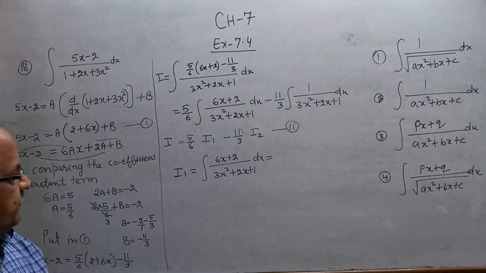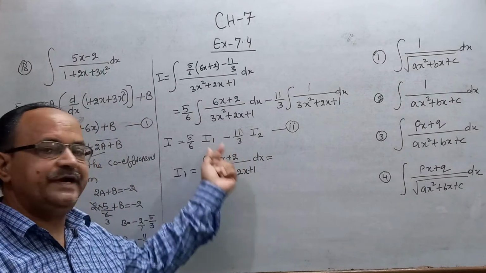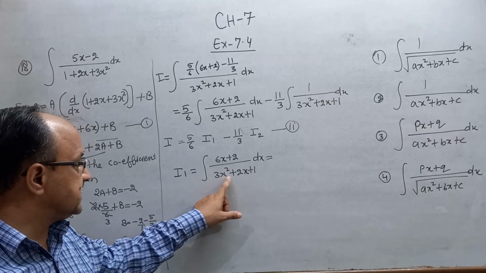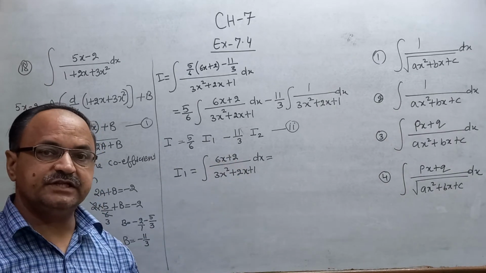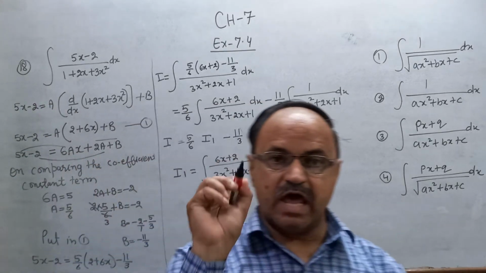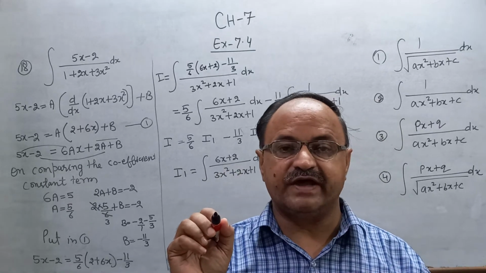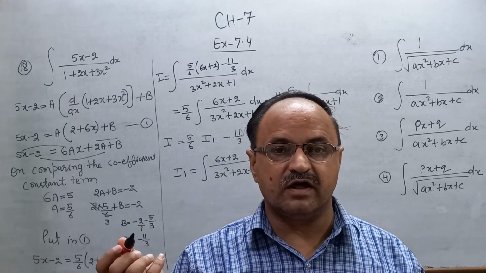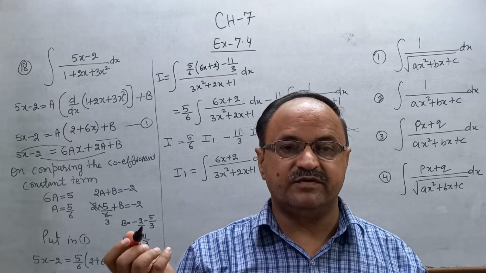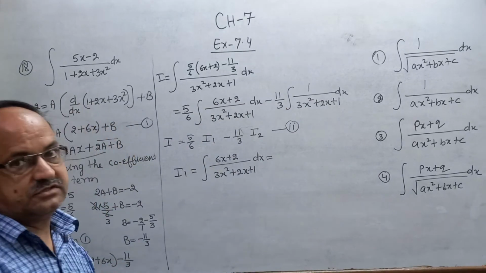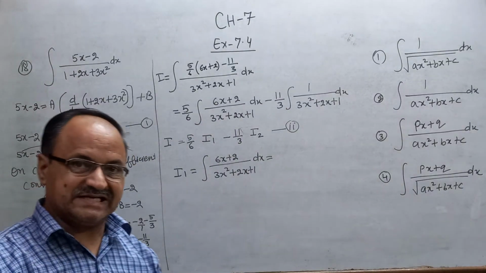You know that the derivative of the denominator, 6x plus 2, is present in the numerator, and the formula you know: integration f dash x divided by f of x dx is equal to log of f of x. You know very well about the formula. Practice makes the man perfect. In integration, continuous practice is needed.